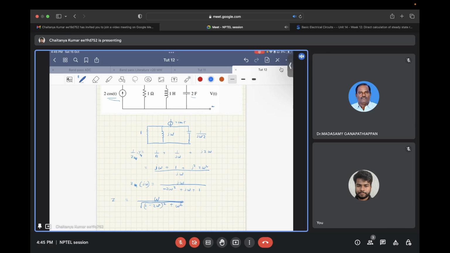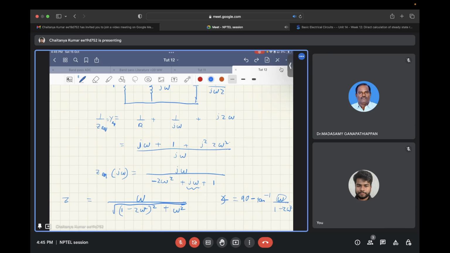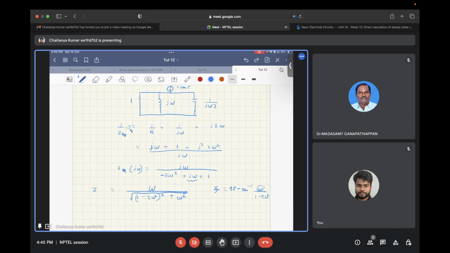Now the phase: the phase of the numerator is 90 degrees and phase contribution of denominator is minus tan inverse omega divided by 1 minus 2 omega squared. So the imaginary part is j omega, so its coefficient comes as omega, and 1 minus 2 omega squared is the real part. So phase is as follows.